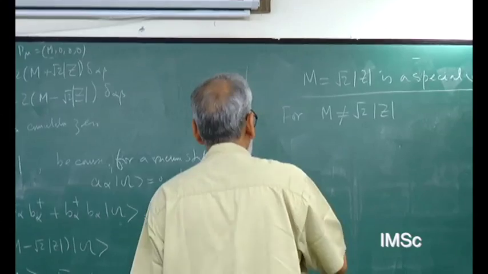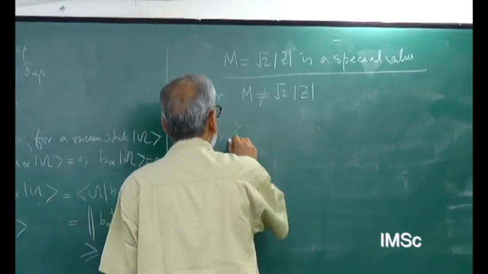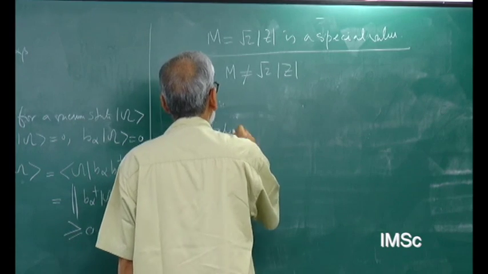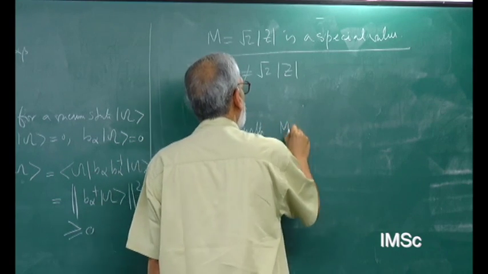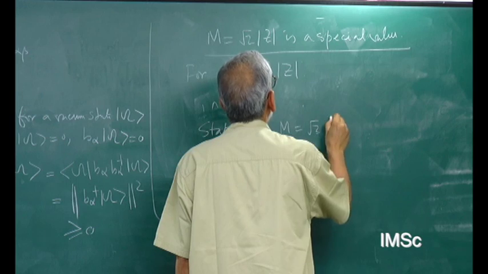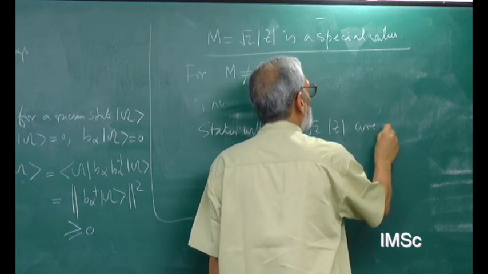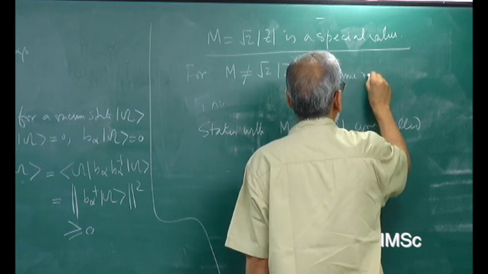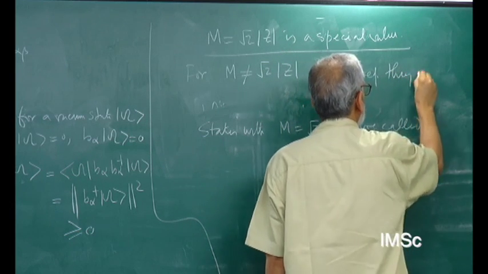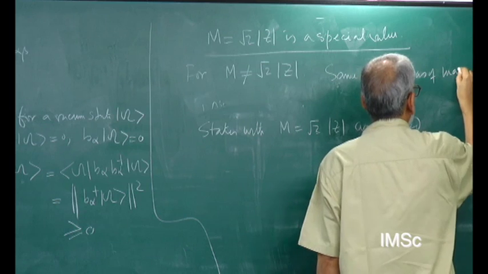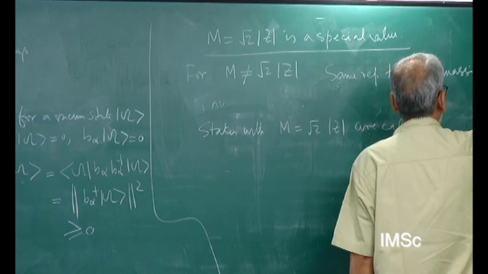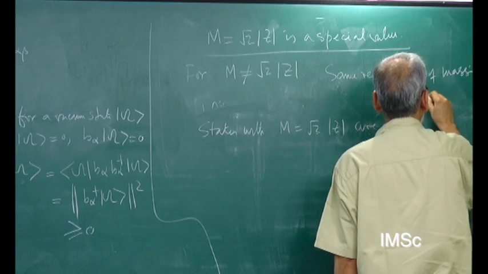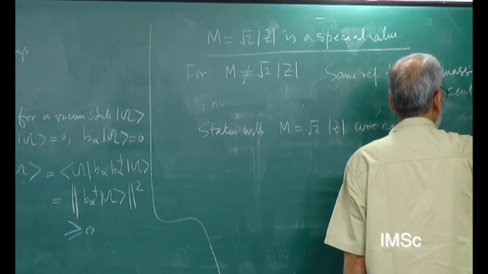States with m equal to root 2 mod z are called, let me first write it, the representation theory is different from massive multiplets without central charges.